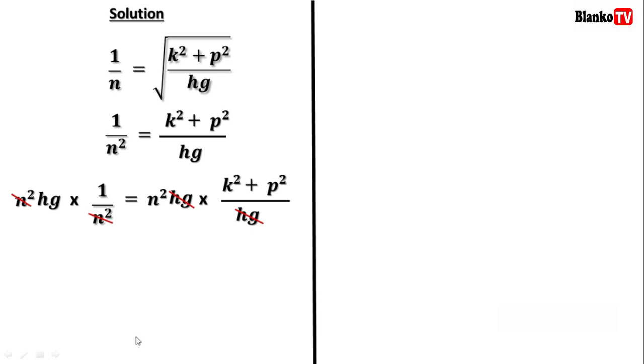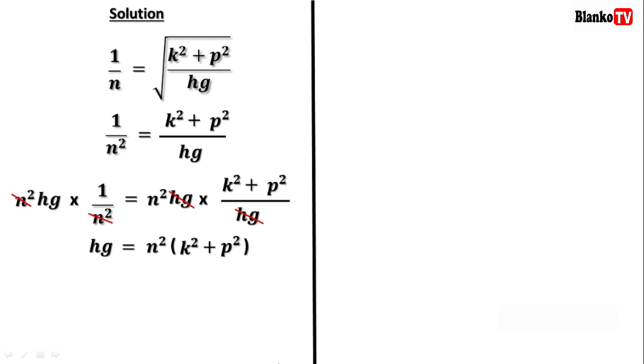So we are left with hg multiplied by 1 to give hg, and n square multiplying k square plus p square. So we have hg equals n square multiplying k square plus p square.